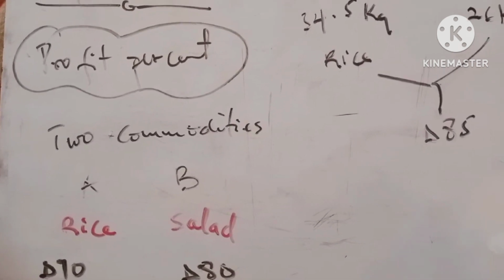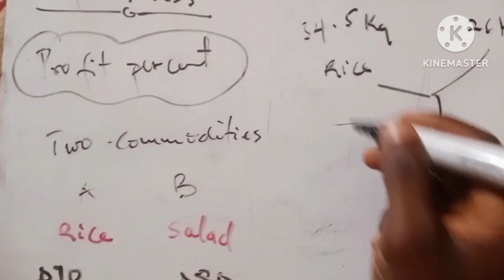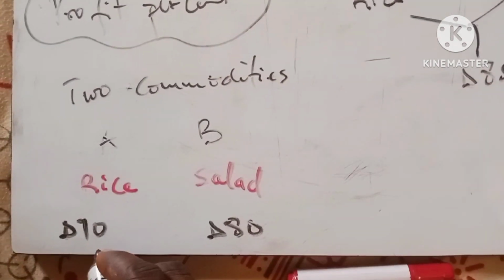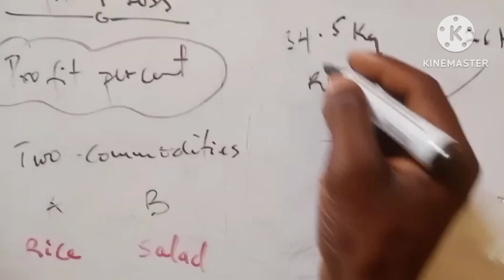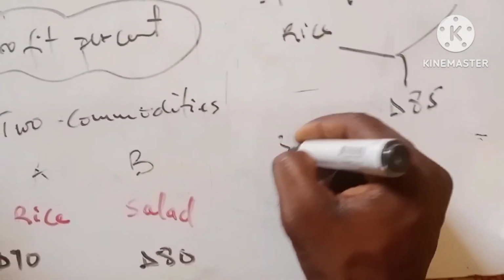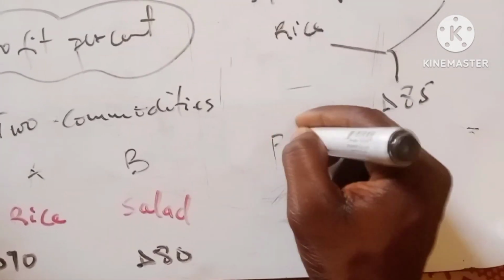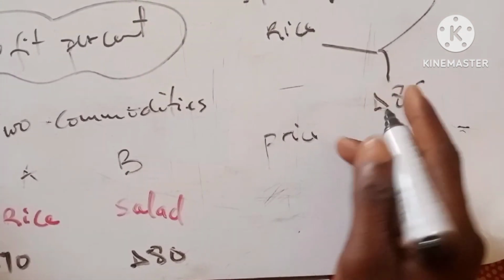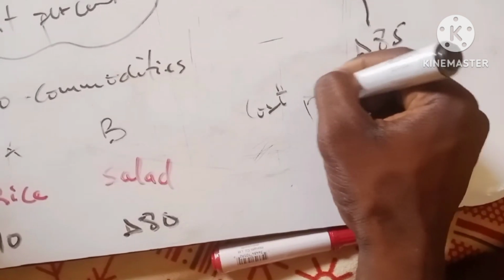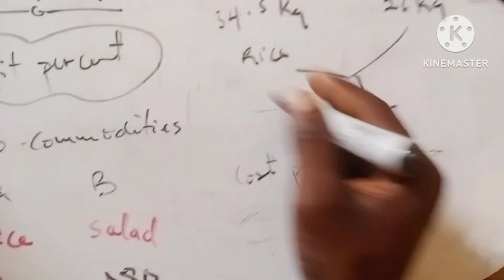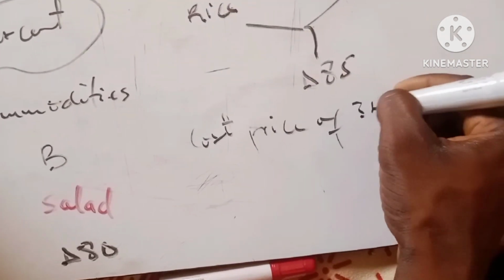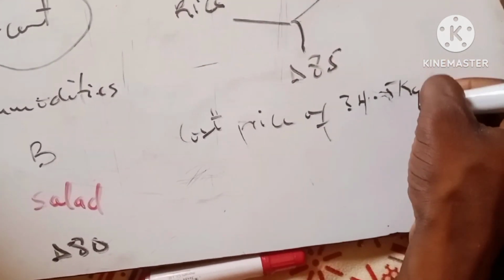Now the cost of this 34.5 kilograms of rice. We were told that the rice was D70. Then you want to buy 34.5 kilograms, so you have to determine the cost price of the 34.5 kilograms of rice.